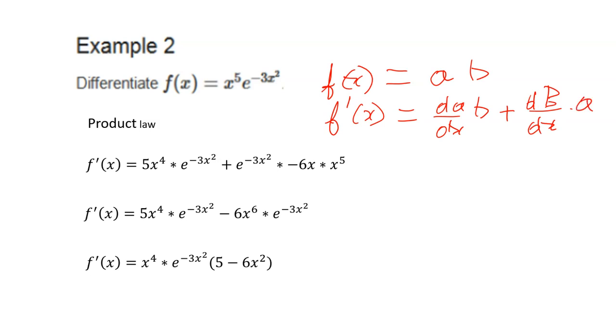I know the writing is not great, but do you remember that from when we were doing the product law, Koshi?